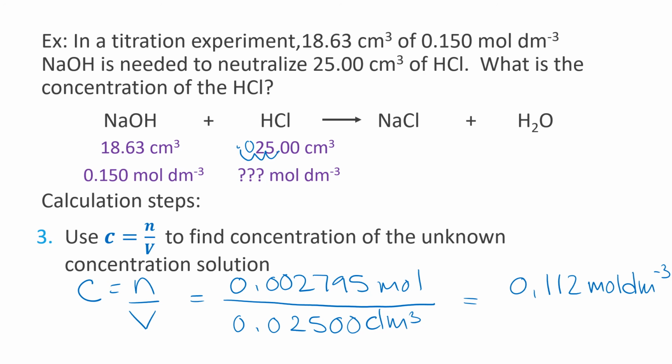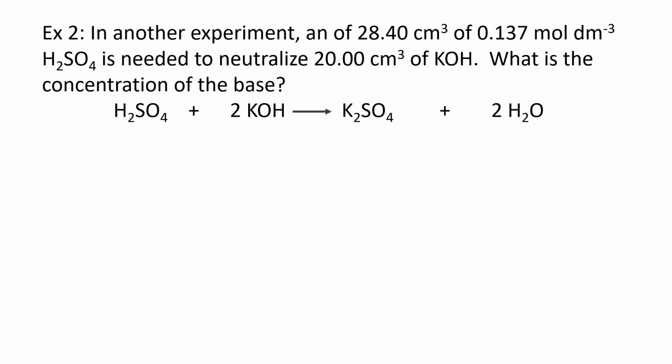Okay, let's do one more, just all the way through so you can see how it works. Okay, so this is another experiment. This time we have for H2SO4, 28.40 centimeters cubed, and the concentration is 0.137 molar.